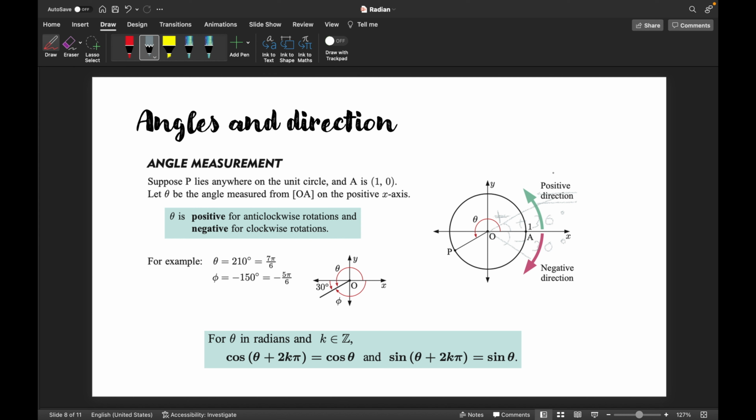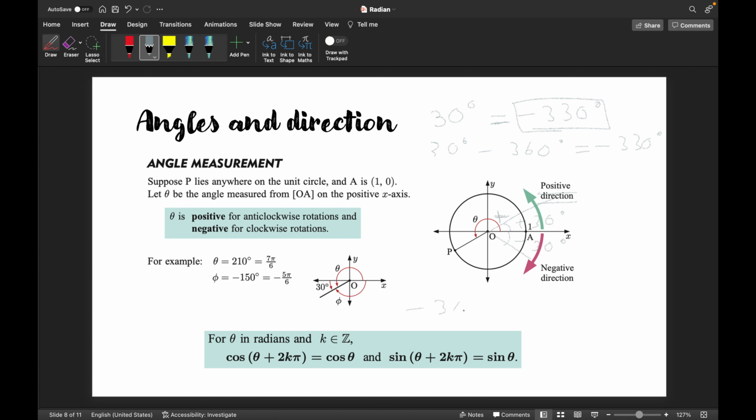Also, since this is a periodic cycle, if this is the angle, then this is also equal to negative 330 degrees. This may seem very confusing, but you just need to believe it. The way we derive this is pretty simple. We just subtract 360 from it and we get negative 330.